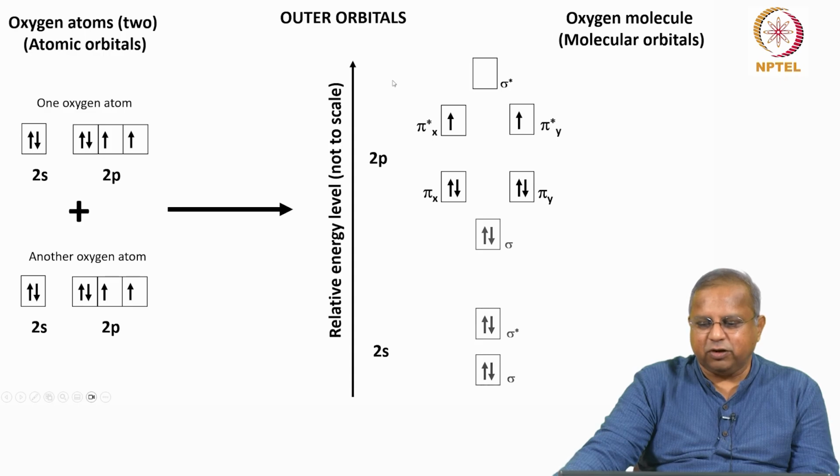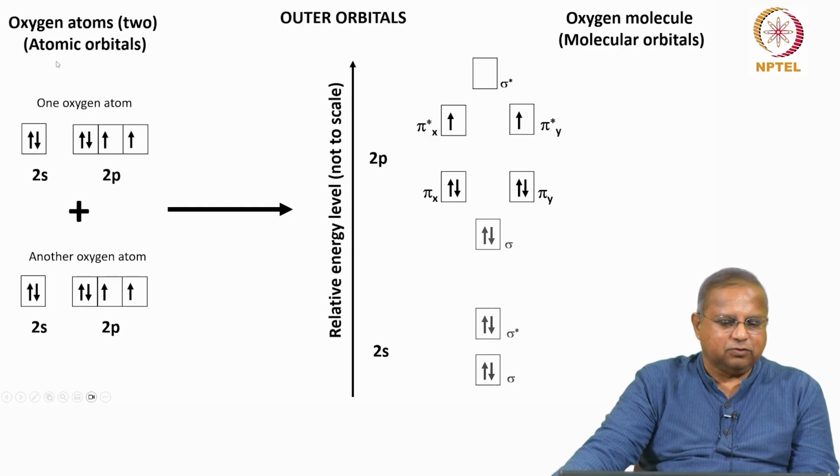You may not have done molecular orbitals much, but at least let us just touch some part of it without getting into the quantum aspects. So, if you have 2 atoms of oxygen, just one atom of oxygen 2s2 2p4, another atom of oxygen 2s2 2p4, these combine to give you a set of molecular orbitals.